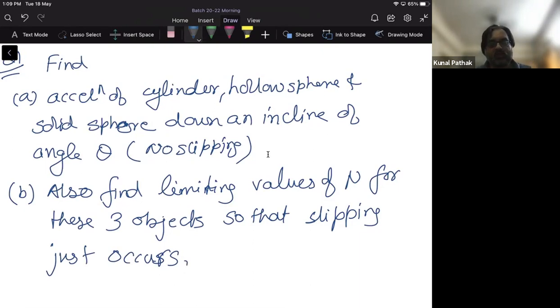So if I keep it less than mu equal to tan theta, the friction will not be sufficient to stop the slide. In the same way here, I want to find that limiting value of mu for which the objects will start slipping.